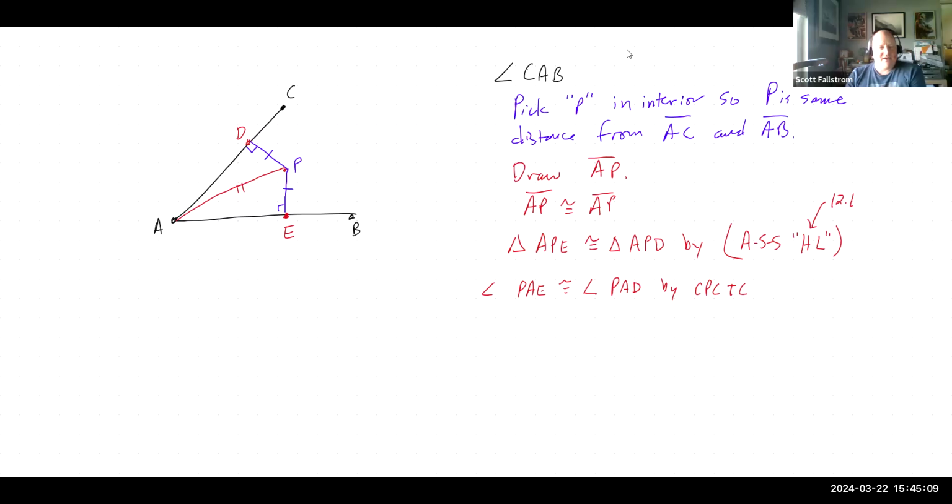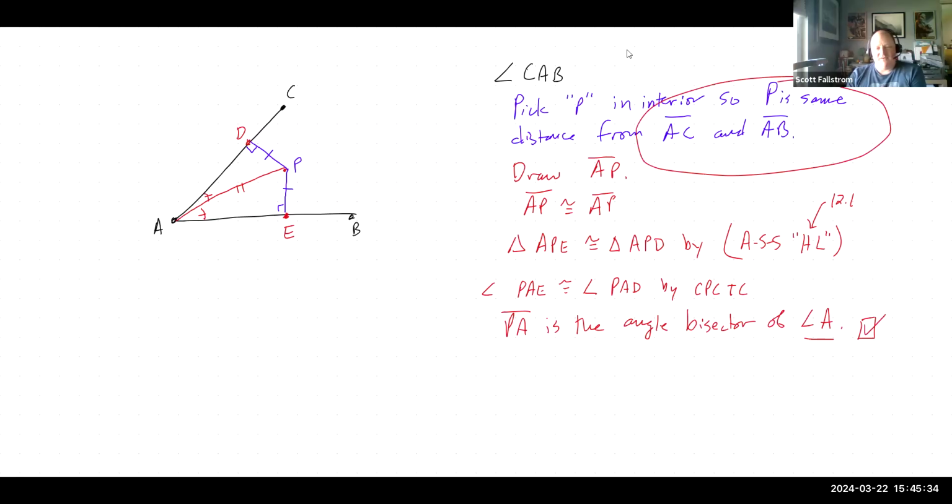And that means that because these angles are congruent, PA is the angle bisector of angle A. So if you pick a point that's the same distance from the sides, it has to be on the angle bisector. Right?